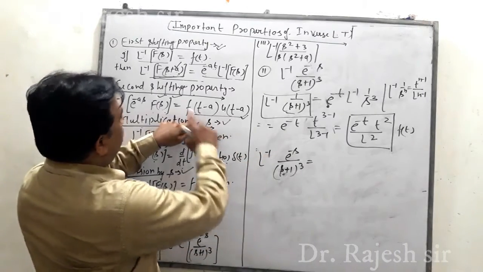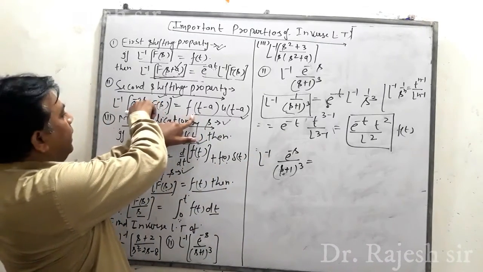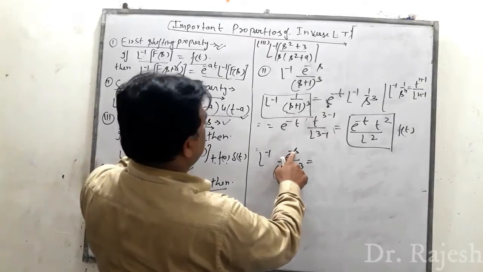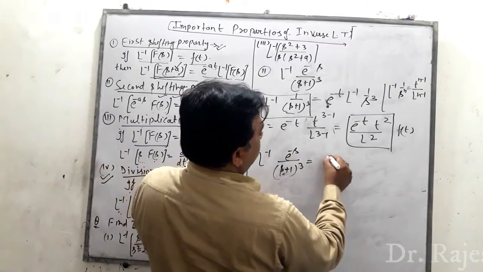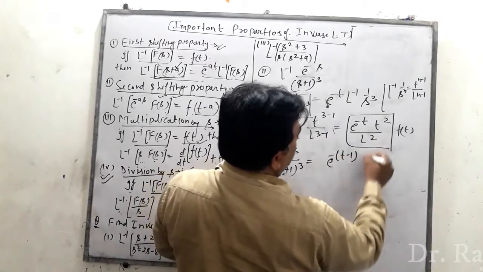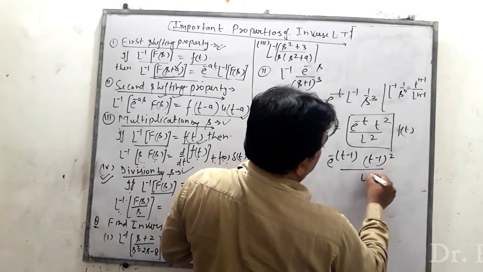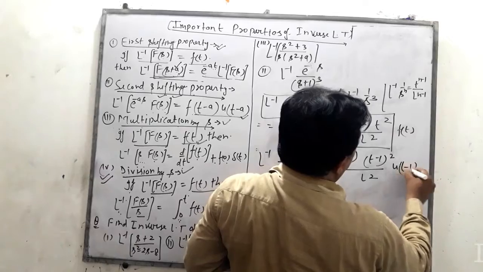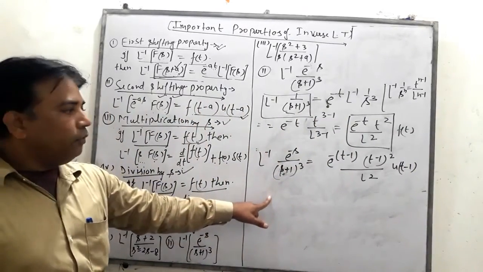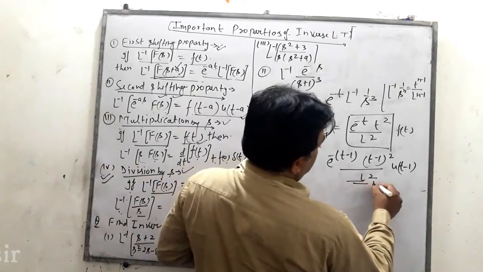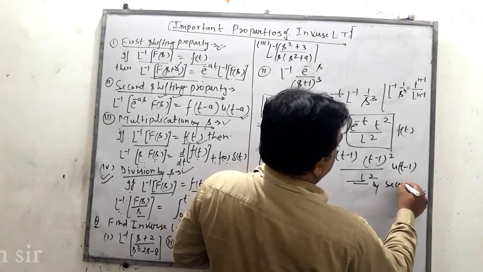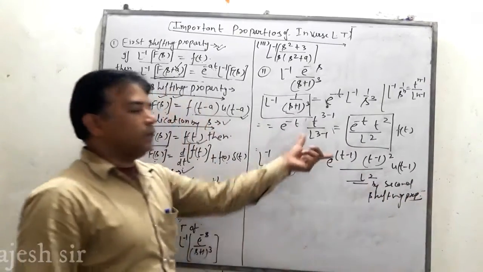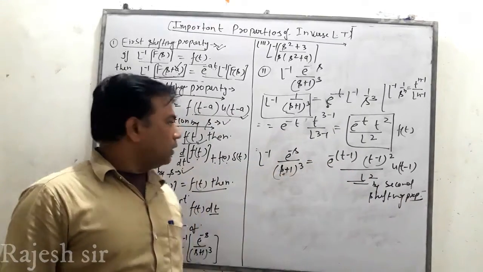Then the coefficient of e to the power minus s is 1, so subtract 1 from t: e to the power minus (t minus 1) times (t minus 1) whole square upon factorial of 2, times u(t minus a), that is u(t minus 1), by the second shifting property. This is the answer of this question.